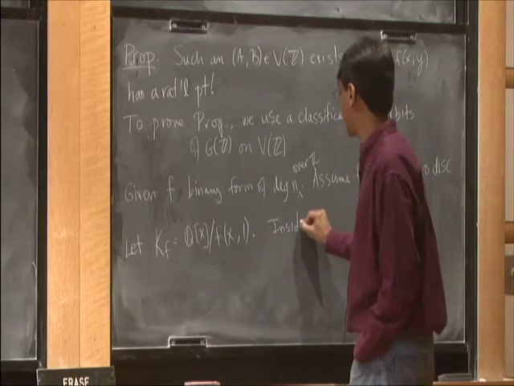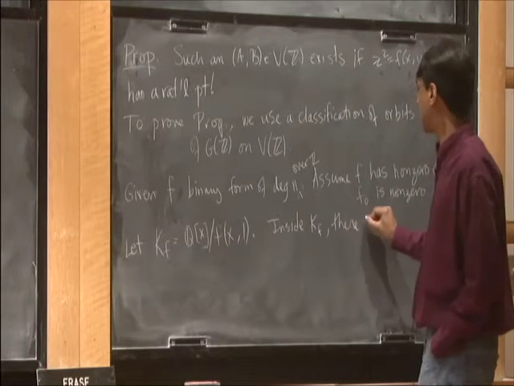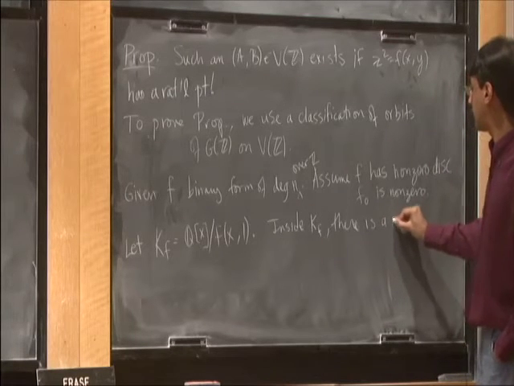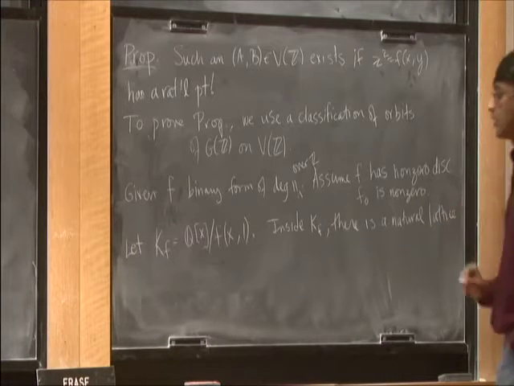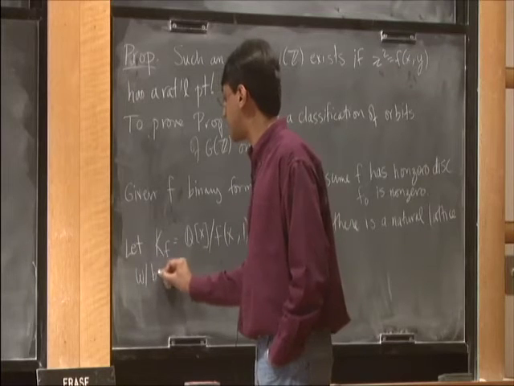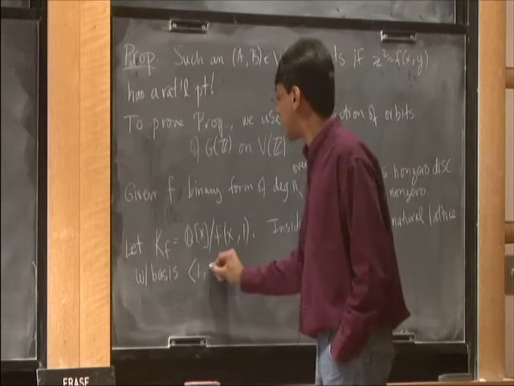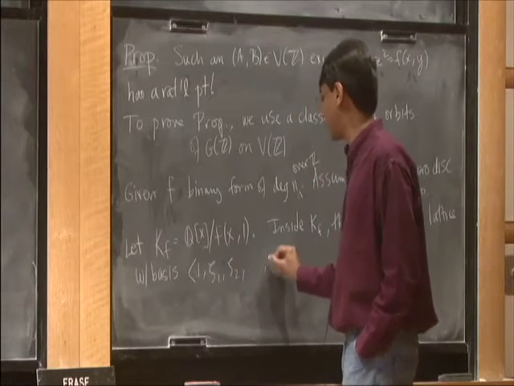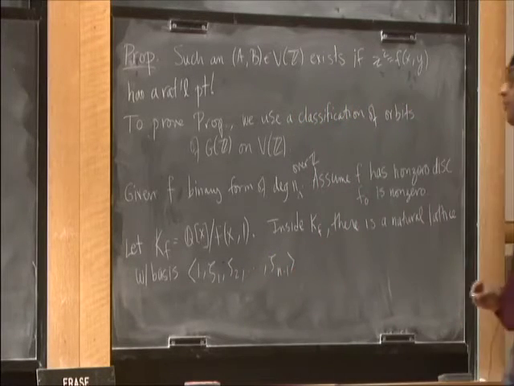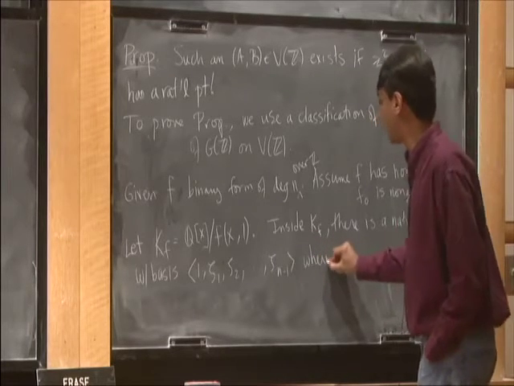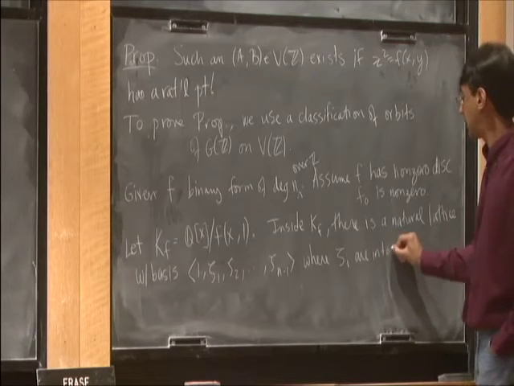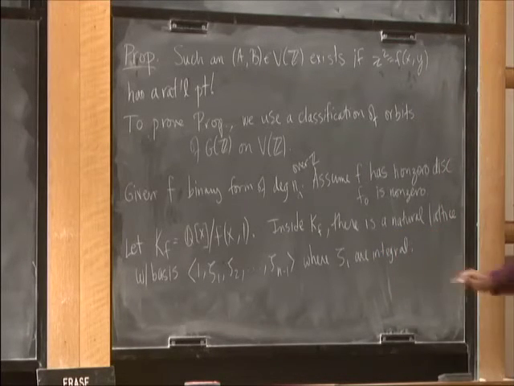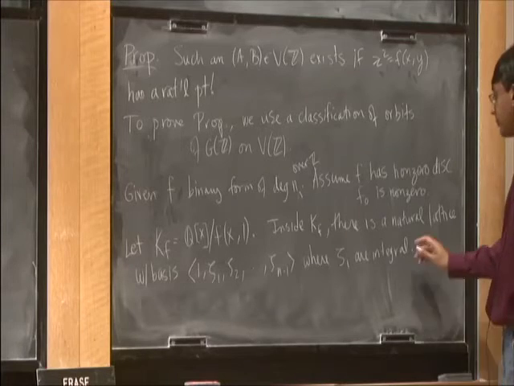So inside K_f, there is a natural lattice with basis 1, zeta_1, zeta_2, up to zeta_{n-1}, where zeta_i are integral elements, which by integral I just mean they satisfy a monic degree n equation over Z. And what are these integral elements?